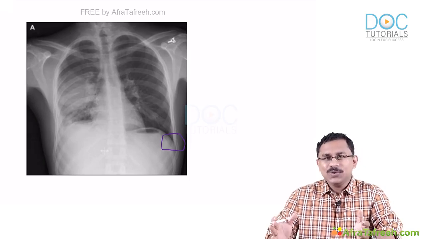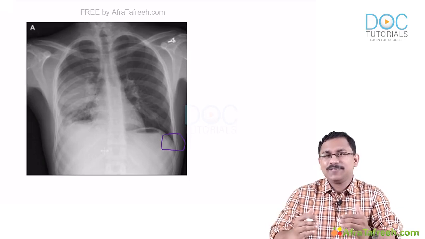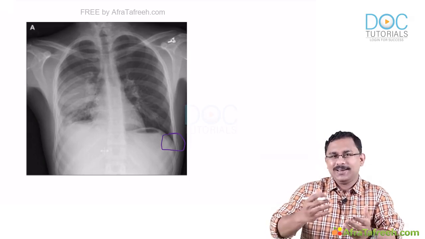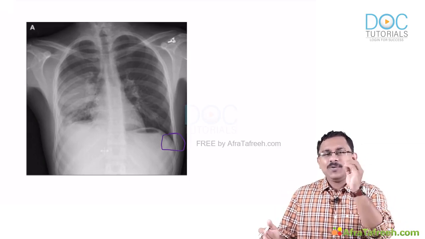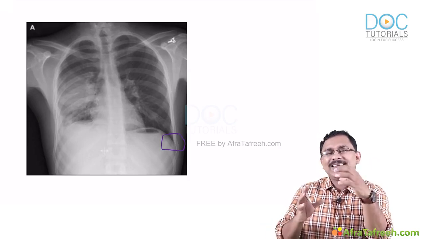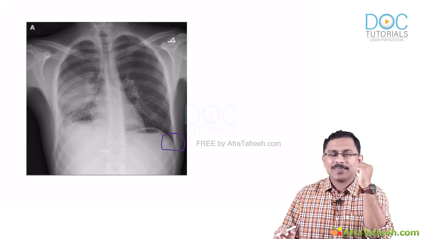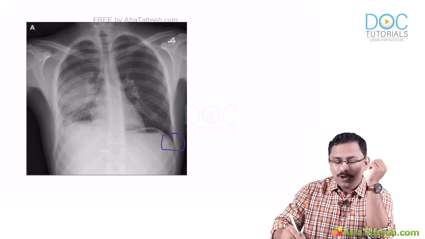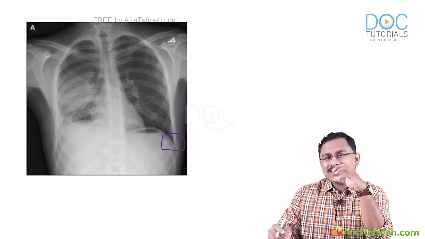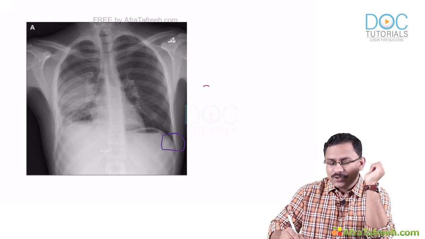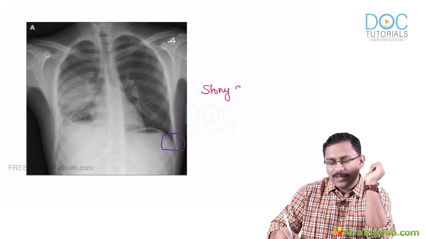So when there is such a fluid collection associated with the pneumonia, always remember, as I told before, that can actually interfere with your auscultatory findings. And not just auscultation, when you want to percuss also, this region of effusion would appear stony dull, because you know that effusion will have a stony dullness.